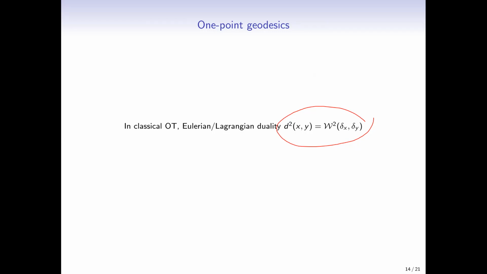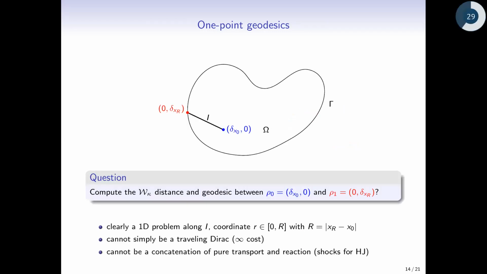Therefore, it's a very natural question to ask here, can we do the same for my bulk interface problem? So here's the picture. You have again your city omega, you have a road gamma, and what you want to compute is the geodesic between two types of Dirac deltas, one which starts in the interior. So omega is just a Dirac mass at x0, and there's no gamma, so there's no red cars here.